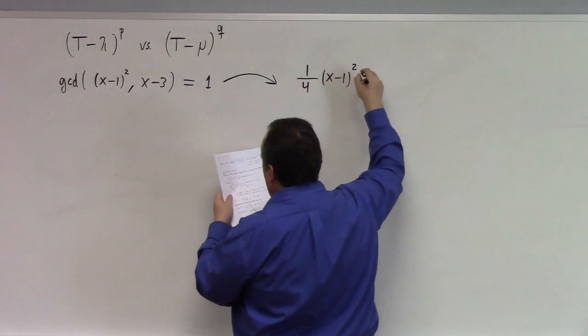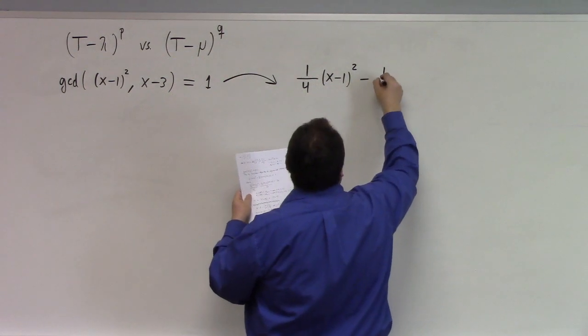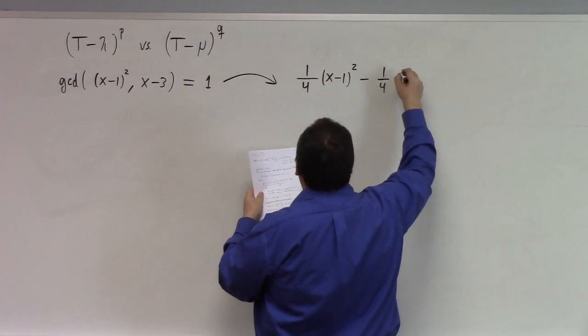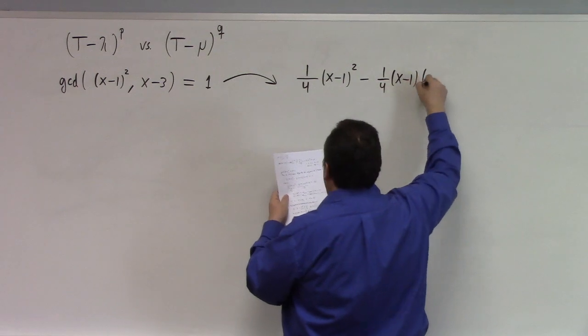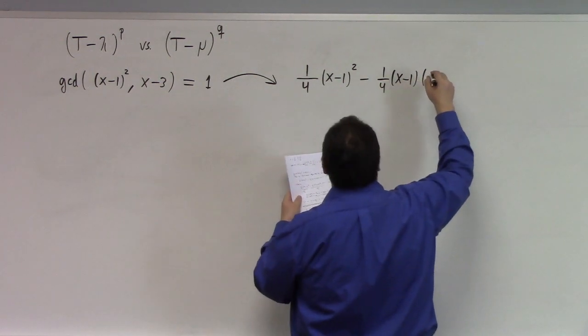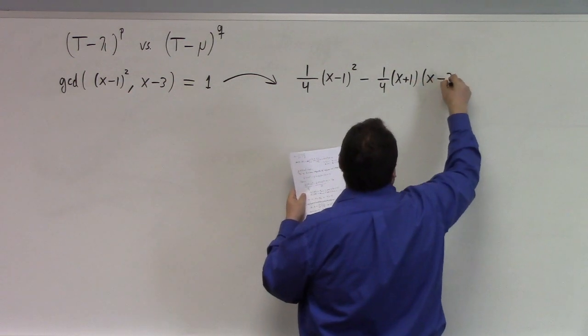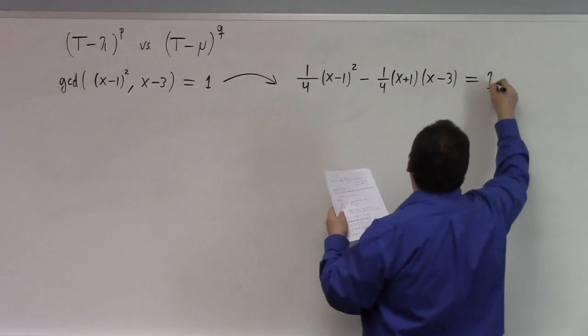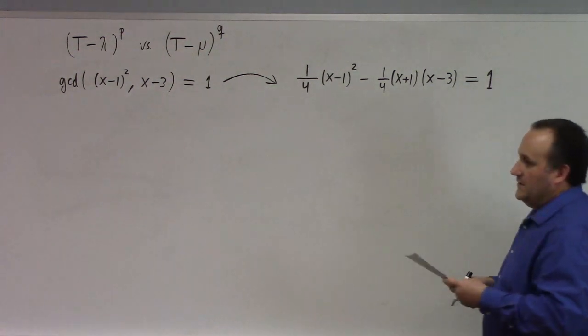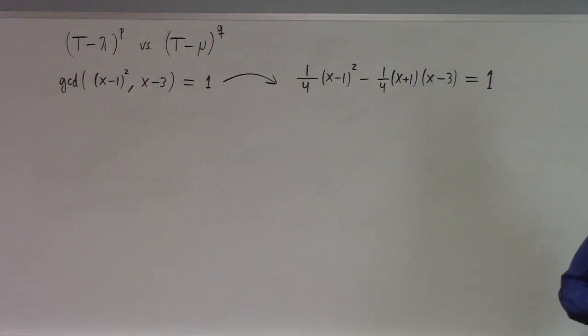Minus 1/4 (x minus 1) squared minus 1/4 times (x minus 1) times (x plus 1) times (x minus 3) is equal to 1. In fact, my brother has a calculator. If you plug these in, it shows you the corresponding relation like this.